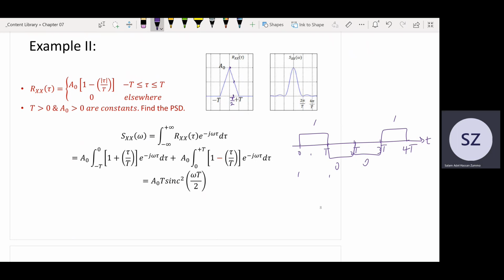Like after T, what is the amount of correlation? So from this point to this point, the signal becomes completely uncorrelated.